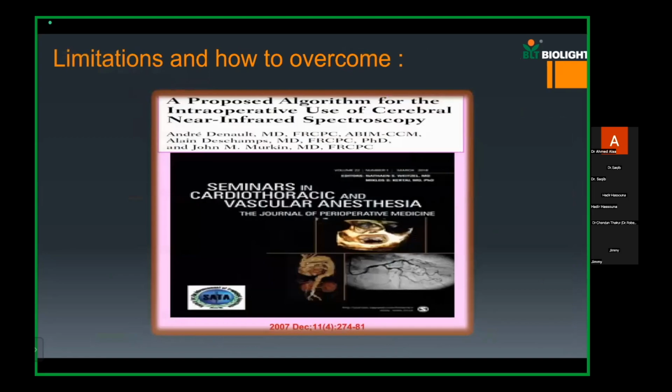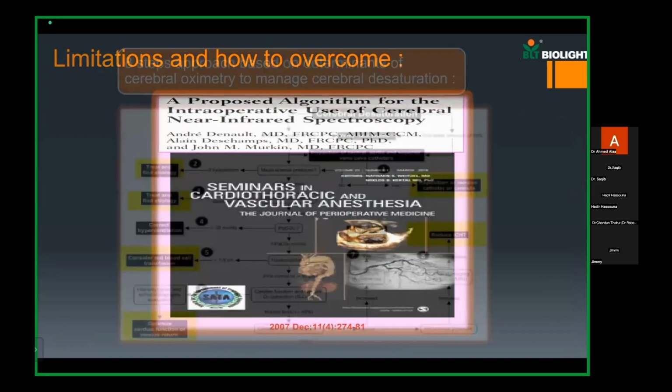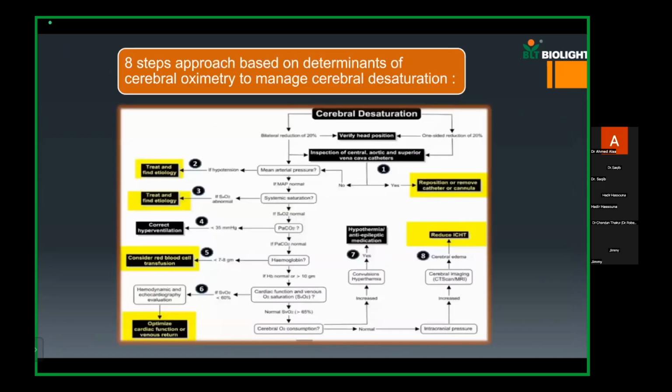Now the limitation and how to overcome it. Our proposed algorithm for the intraoperative use of cerebral near-infrared spectroscopy in neurosurgery. We are using here an 8-step approach for determination of cerebral desaturation and how to overcome it.